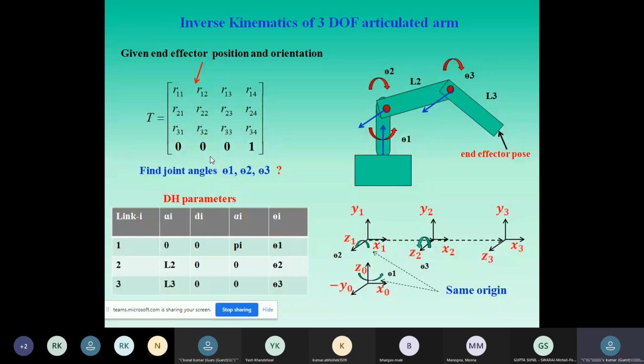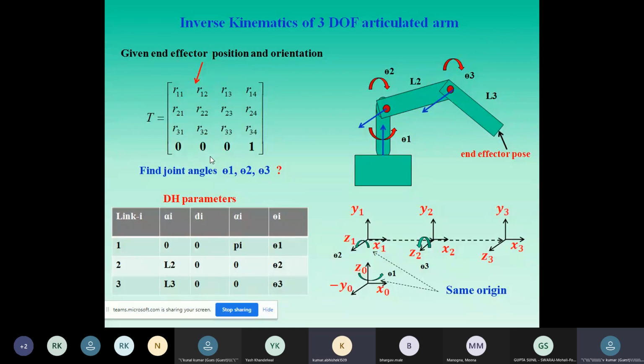What is a 3-DOF manipulator? 3-DOF means how many degrees of freedom? Yes, 3 degrees of freedom. It means how many actuators, how many joints are there?